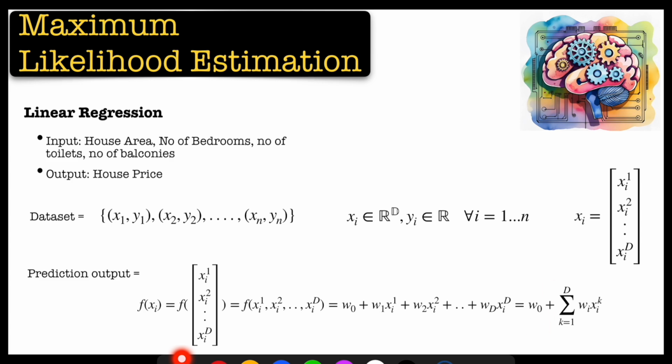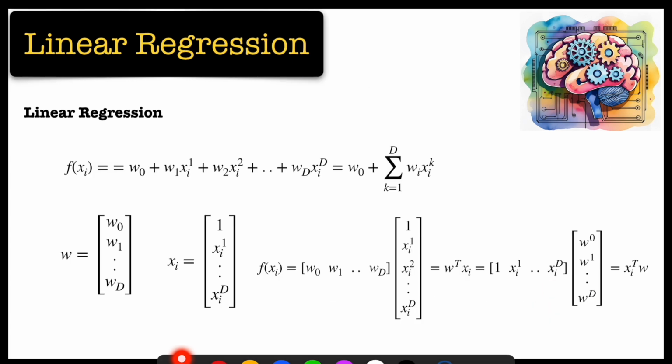This is the basis. Again, if we want to simplify this with a vector multiplication, we can get one vector w, which is a combination of w0, w1 till wd. So this is a d plus 1 dimensional vector. Xi we updated because we added a 1 here, and xi also became a d plus 1 dimensional vector.